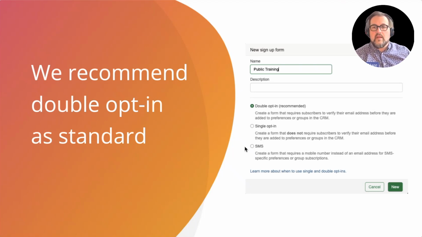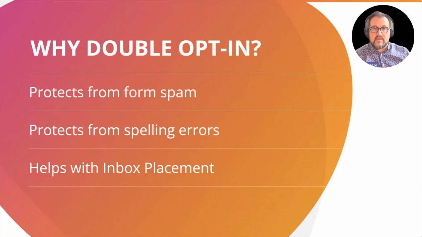The many reasons I recommend double opt-in include that it protects you from form spam. What we know, because we see it every day, is that automated processes will try to attack your forms and submit thousands of submissions to them.